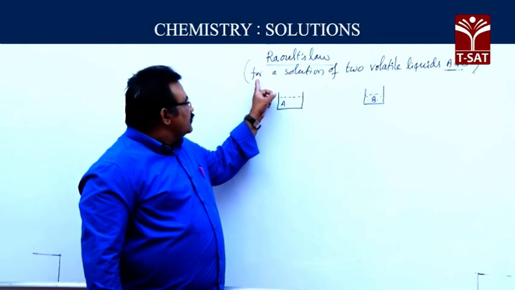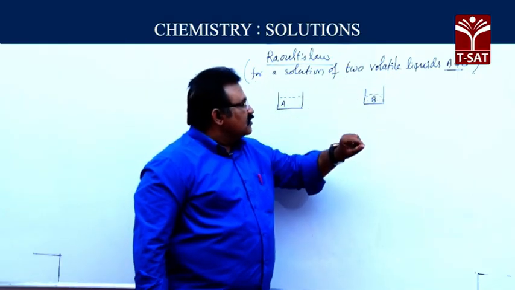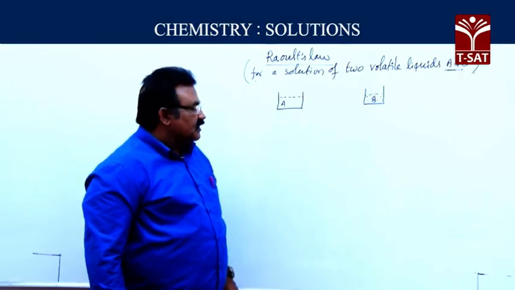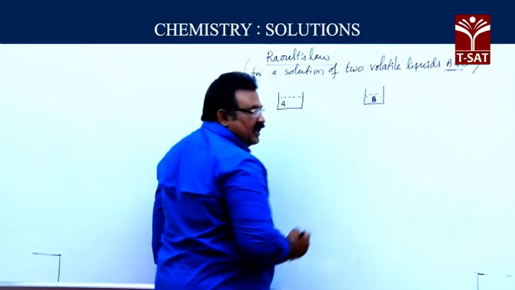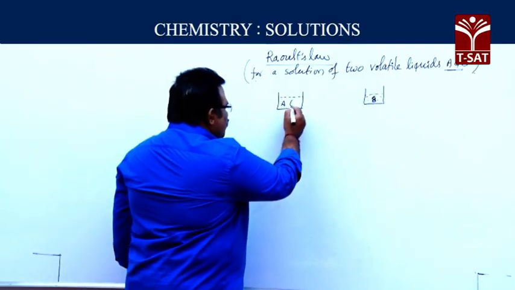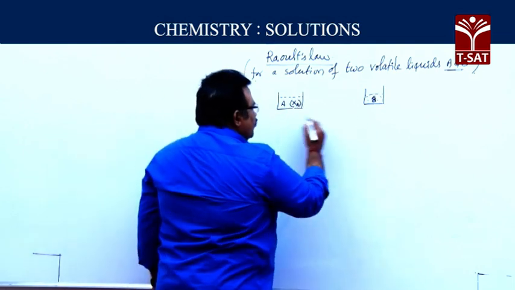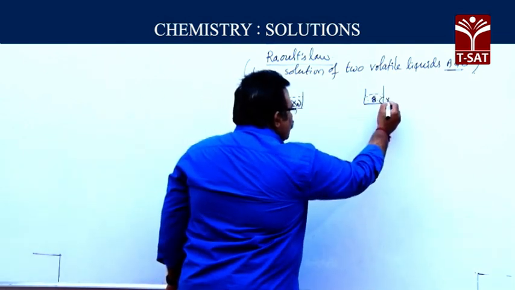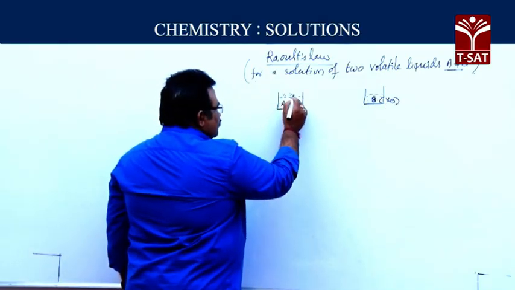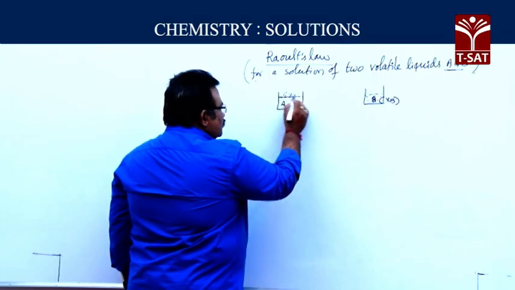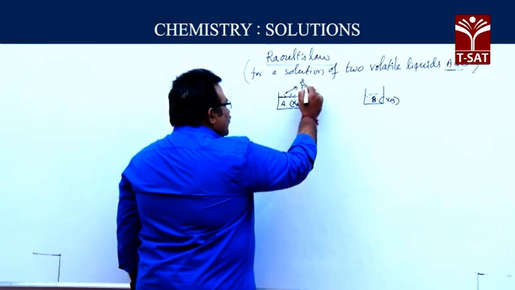Raoult's law for a solution of two volatile liquids A and B. This is volatile liquid A, this is another volatile liquid B. The mole fraction of this liquid is XA in liquid phase. Here mole fraction is XB. The pressure exerted by A vapor on its liquid surface is called P0A.